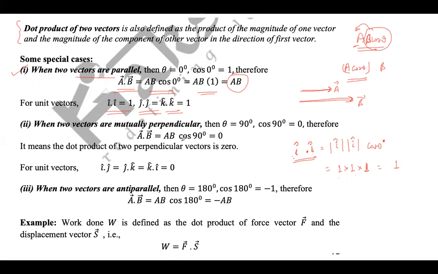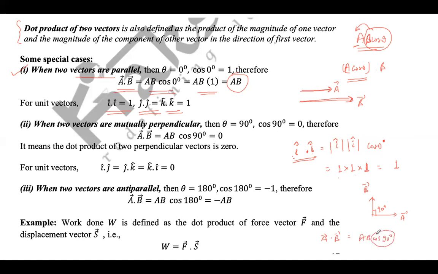Now, when two vectors are mutually perpendicular, then theta is equal to 90 degree and cos 90 is equal to 0. So if there are two vectors which are perpendicular to each other, right? So then the angle between them is 90 degree, and let's say this vector is A and this vector is B. When I say A dot B, so this will be AB cos of 90 degree.